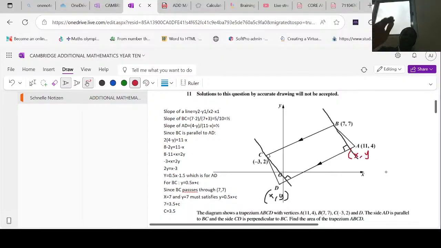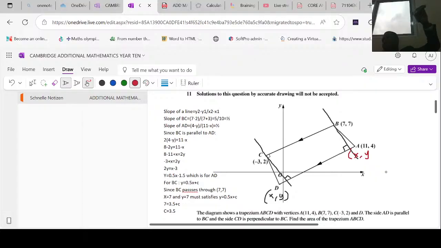But we know that this line is a perpendicular line. That line is perpendicular to AD, am I correct? BC and AD, they are parallel. But that line is perpendicular to it and passes through B, 7, 7. Then it meets. So we have to use something like intersection. So that means we need to find the equation of that line.